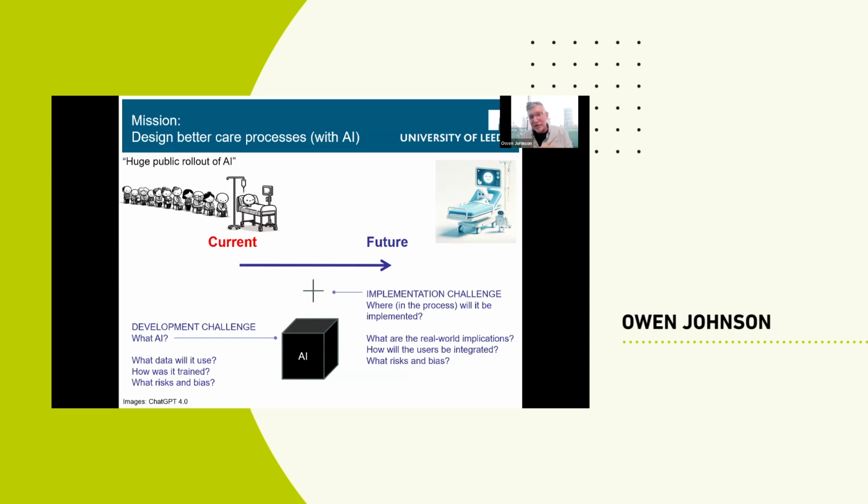And that's the implementation challenge that I want to spend some time talking on, and I want to try and give you some potential solutions too. We still come back to the same questions about the real world implications and users and risks and biases as well. So let's focus on that current to future switch.